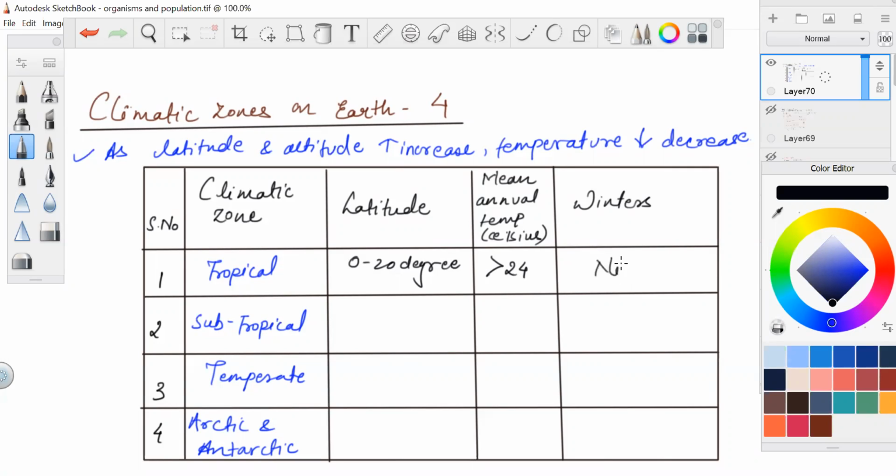Winters nil. Subtropical, the latitude will be between 20 to 40 degree and the temperature will be between 17 to 24 degrees Celsius. Winters here will be pleasant.